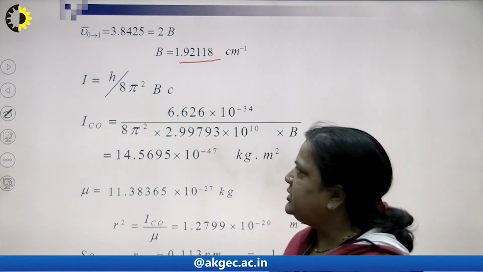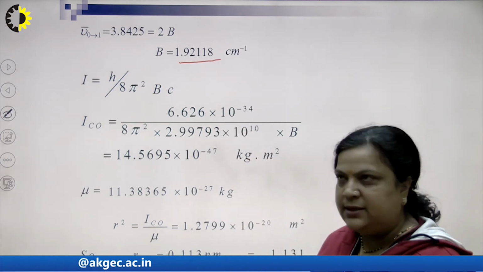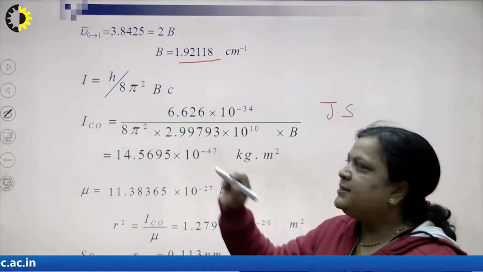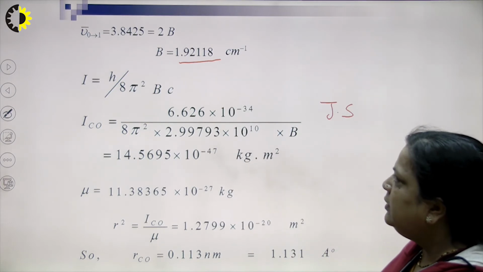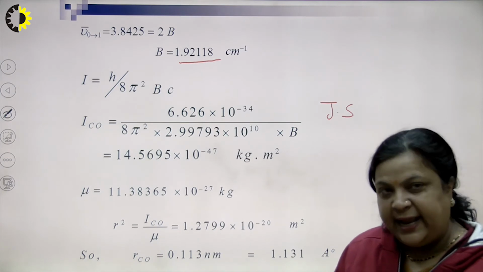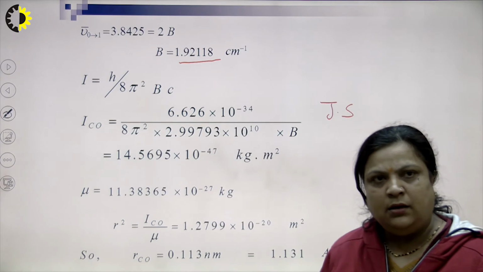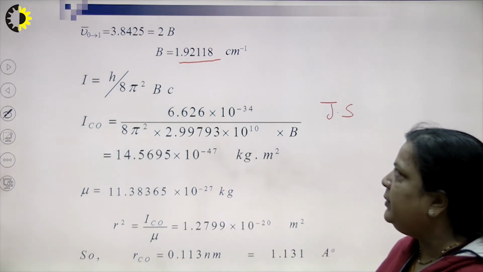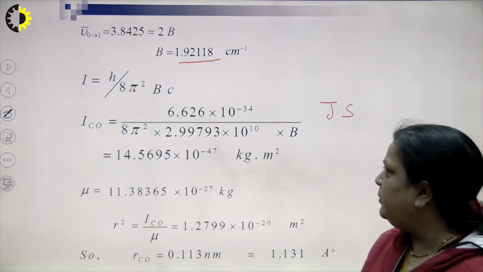So, the moment of inertia will be, h is the Planck constant, which is 6.626 into 10 to the power minus 34, and the unit is joule second, over 8 pi square, B is 1.92118, and c is 3 into 10 to the power 8 meter per second, or we can say 3 into 10 to the power 10 centimeter per second, because B is given in centimeter inverse. So, it will be easy to convert the velocity into centimeter.